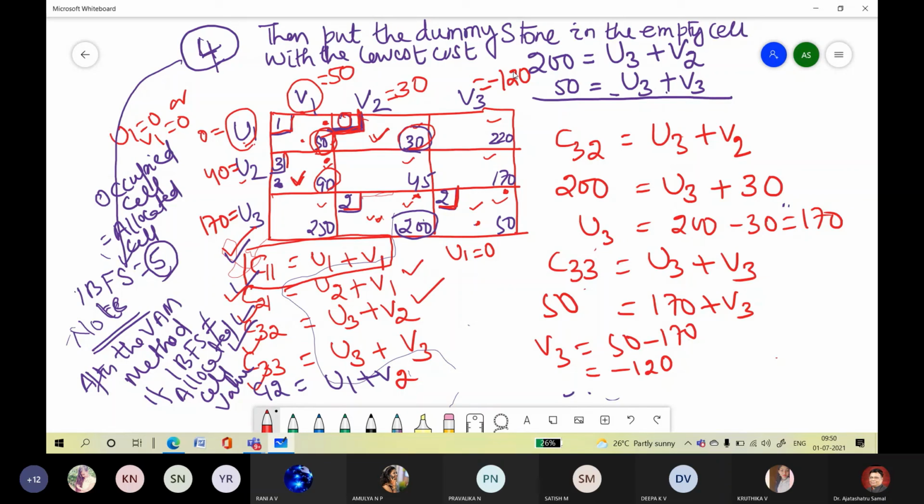So when you want to apply the Modi method, keep in mind that IBFS, the initial basic feasible solution, should equal the allocated cell value. At 11 o'clock I will tell you the tracing, how to change the allocated cell value, and you will understand with more clarity.